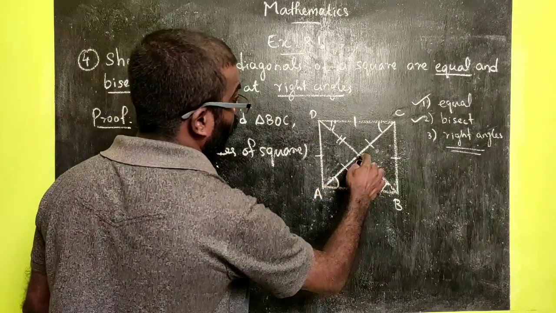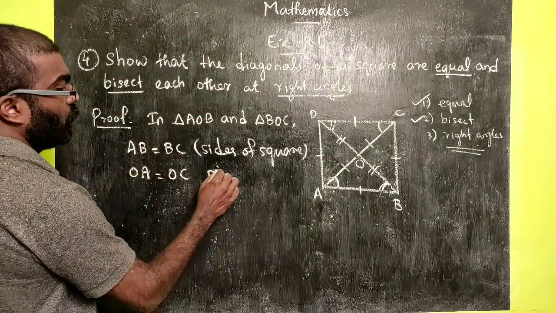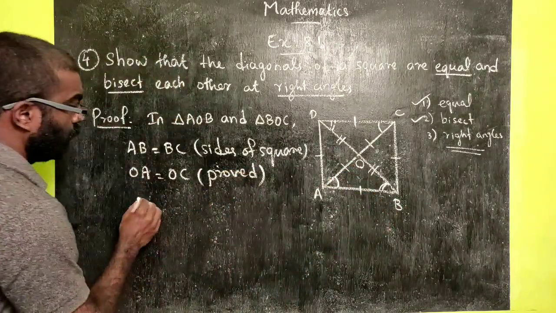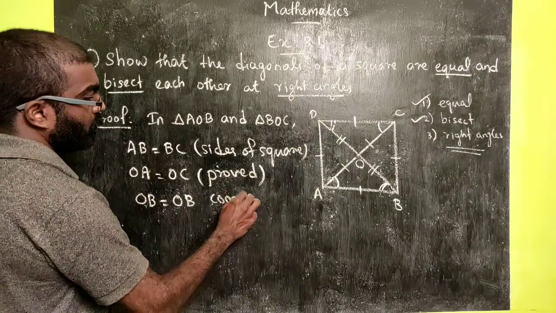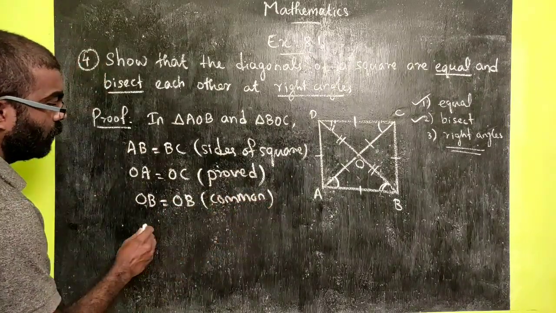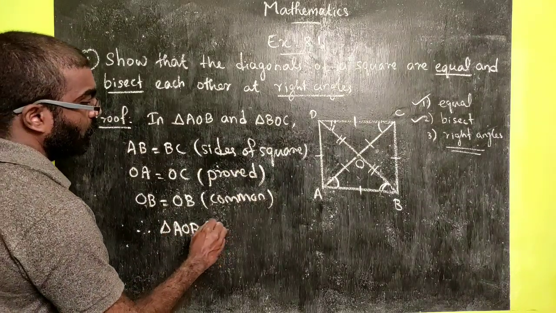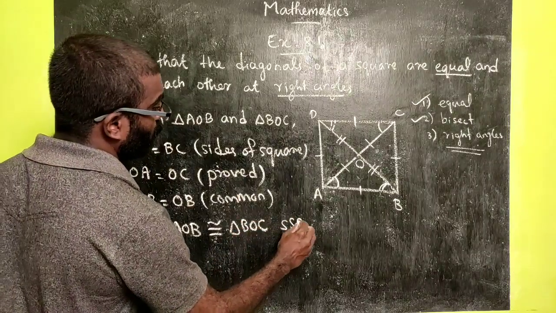Then OA equal to OC, we proved. OB is the common side. OB equal to OB common. Therefore, triangle AOB is congruent to triangle BOC by SSS congruence rule.